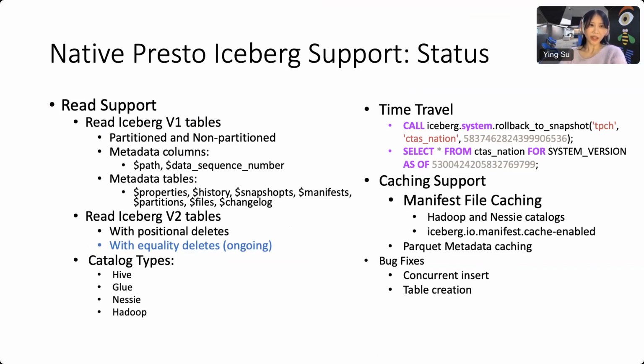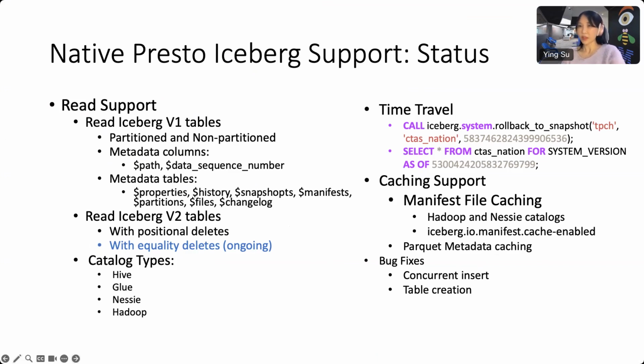Equality deletes are already implemented, but the review is still ongoing. Internally, our tests have shown that the data with equality deletes works fine for all the TPCDS and TPCH queries.